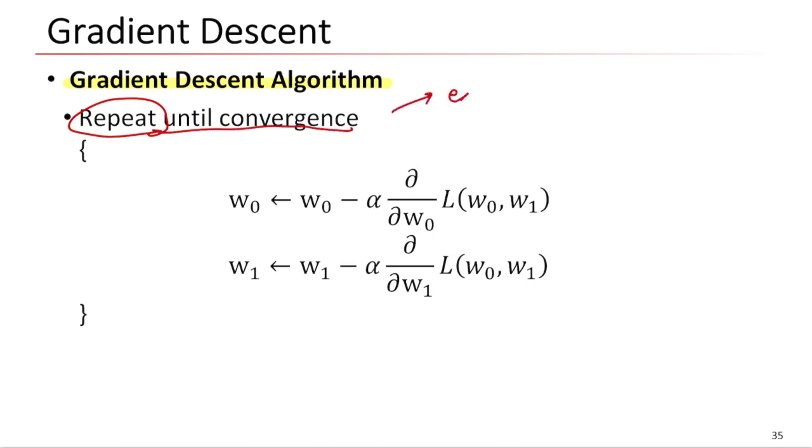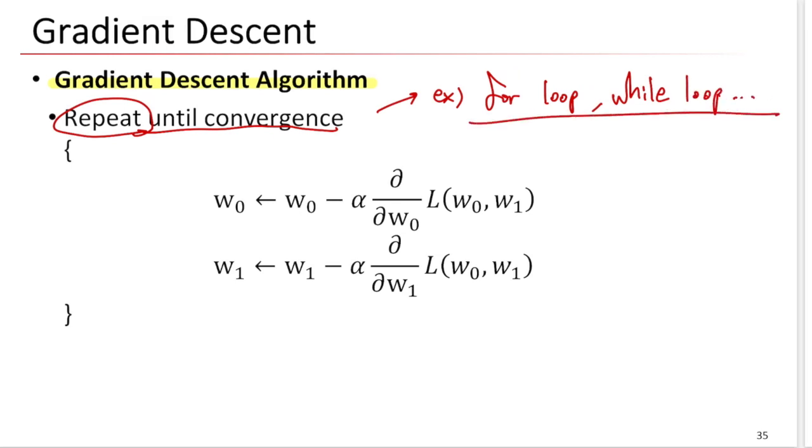So we can use some kind of for loop or while loop, something like this. If you don't have any idea about this, please find what it means. It is very important. Anyway, this is the algorithmic description of gradient descent.